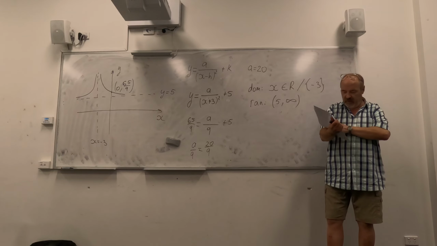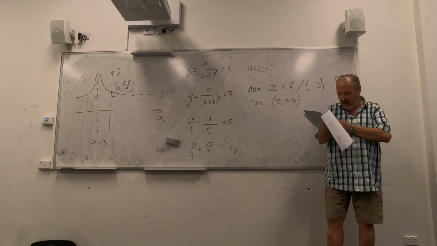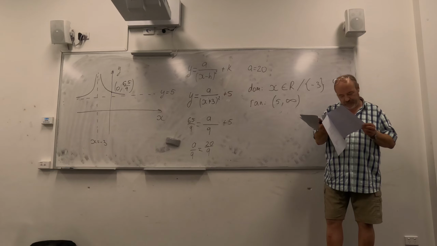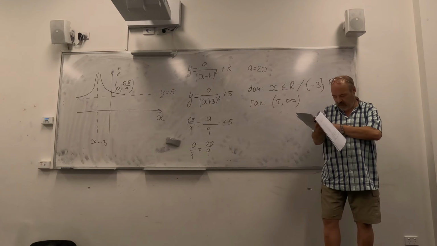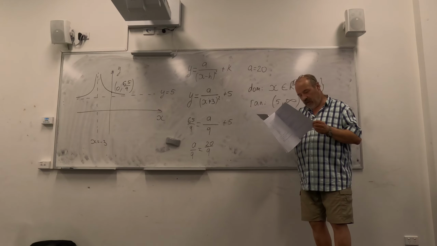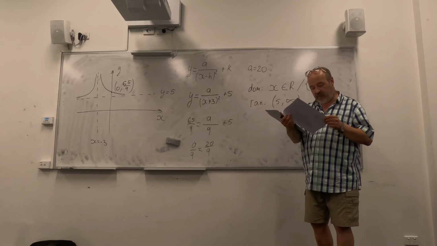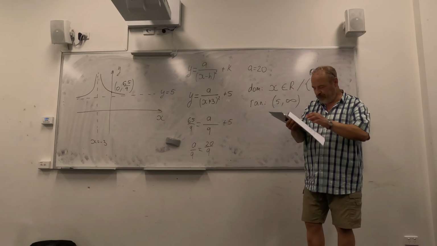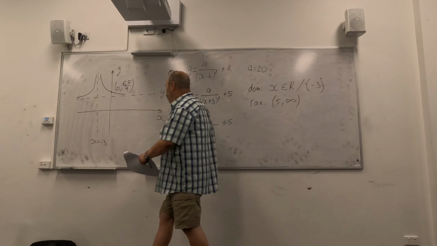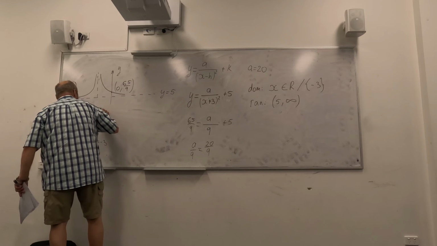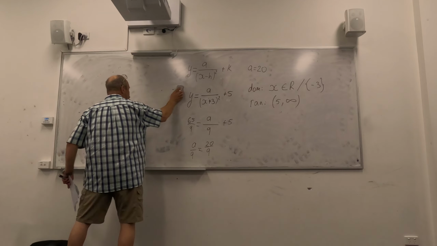Another example that we will do is example 5. We have another graph for which we need to find the rule.